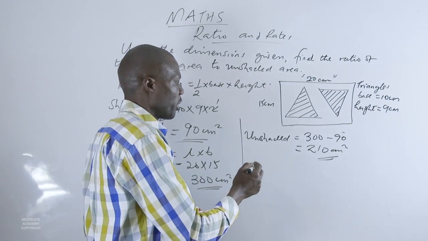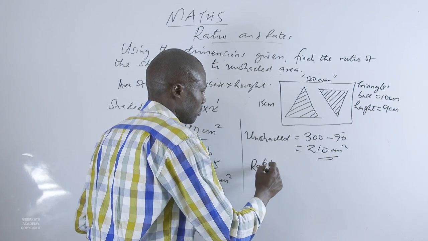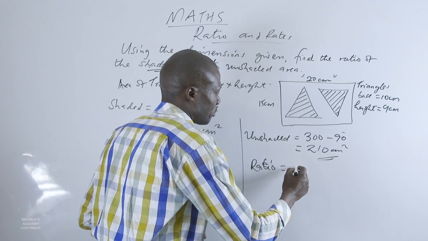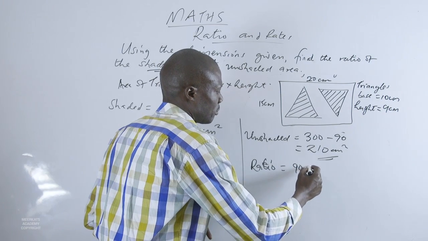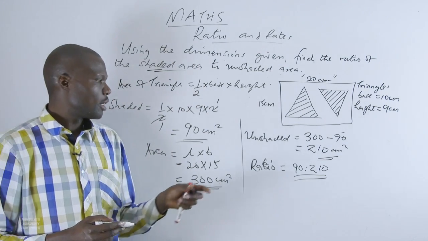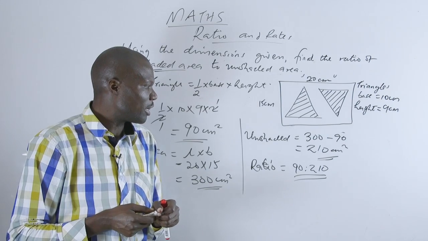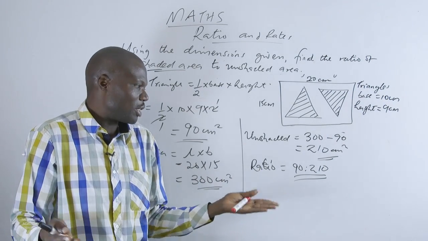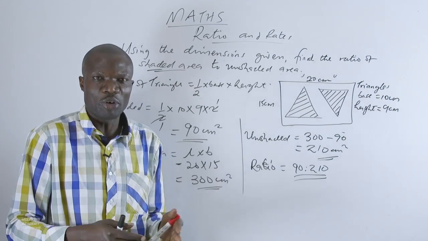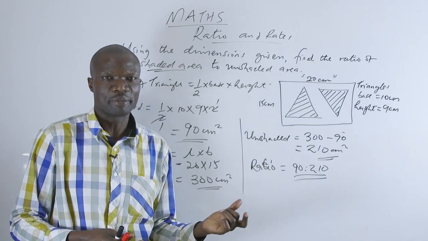So our ratio is 90 to 210. Do not write units. They are already the same units. We are concerned about the ratio, which we can simplify anytime we find it necessary.